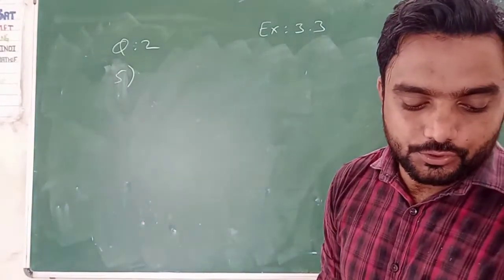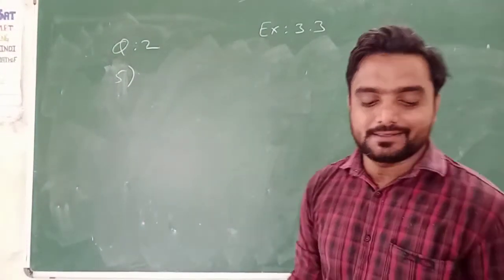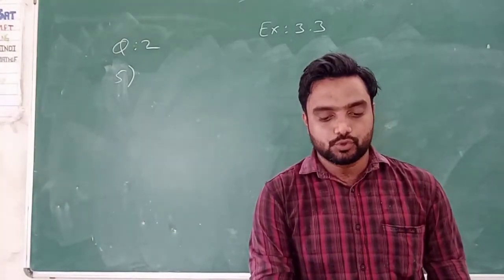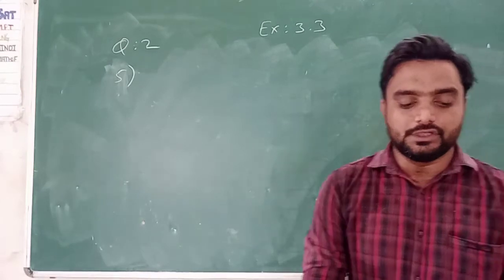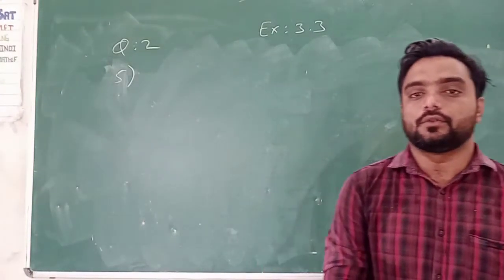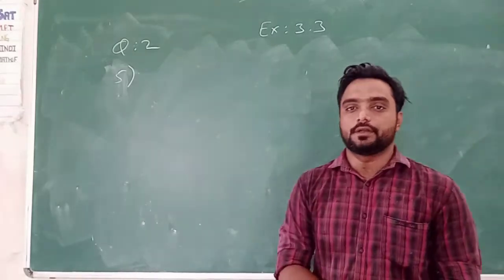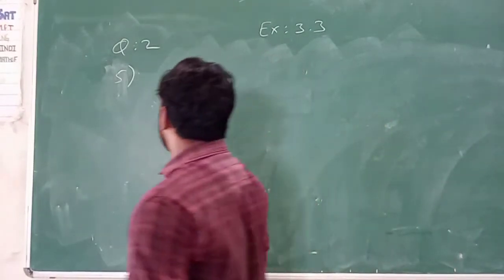What is given to you? The measures of two adjacent angles of a parallelogram are in the ratio 3:2. Find the measure of each of the angles of the parallelogram. Understand or not? First of all I will draw a rough figure of a parallelogram.